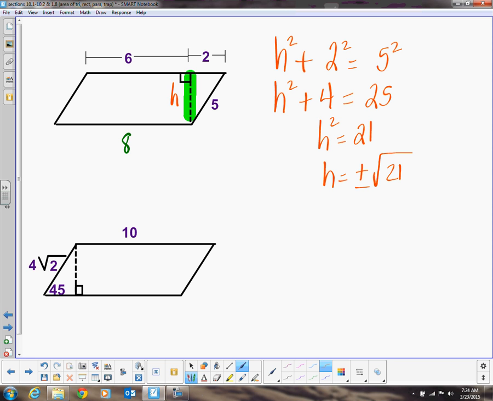Okay, what are the factors of 21? Are there factors of 2 factors of anything? So if this is the square root of 21, what's this area? What's the base? What's the height? So what is my answer?